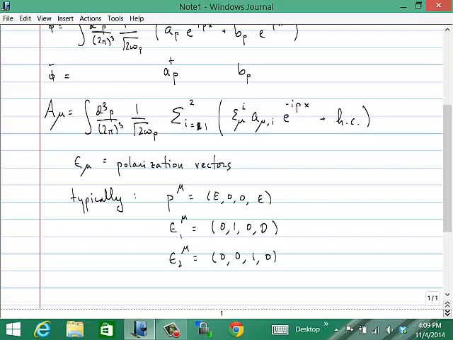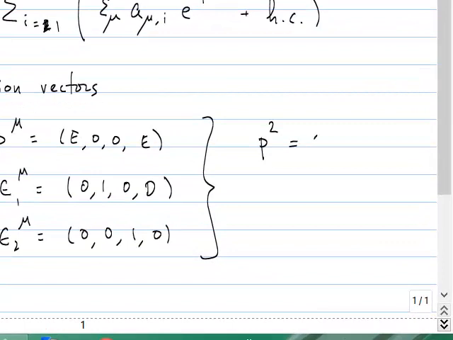For example, we could consider circularly polarized bases or something else. The important point, however, is that the photon is massless, so that p squared is equal to 0. As you can see from this expression, the polarization vectors are orthogonal to the direction of propagation. So a photon or an electromagnetic wave has polarizations only transverse to the direction of propagation of the photon. That's something that hopefully is more or less familiar to you from electromagnetism.